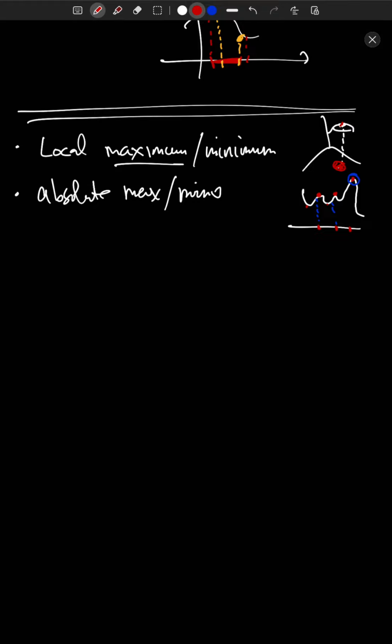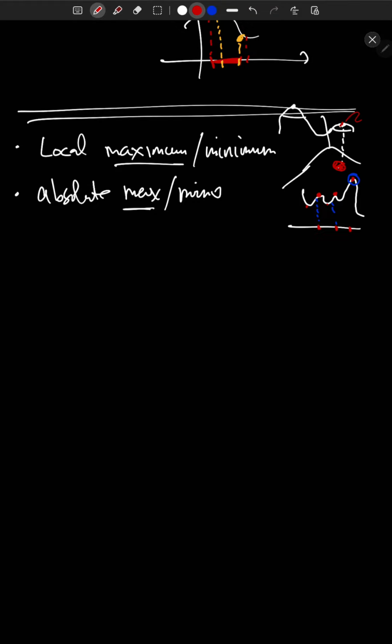I guess I already mentioned it, but absolute max is the absolute biggest value. So in terms of this multivariable picture, which is, again, very hard to draw, but let me draw something like that. Let's say there's another hill here.